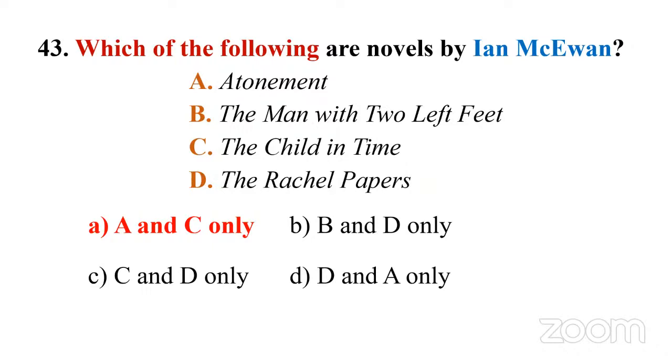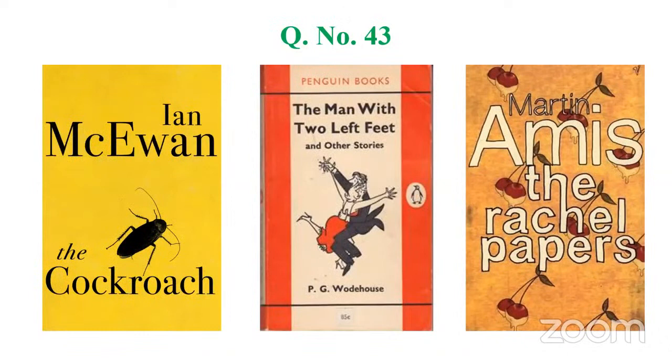So what you have to do next? At least read the crux of Atonement or The Child in Time, or get to know the other works of Ian McEwan, because he has written a lot of works. For instance, one of his famous works, Saturday, the novel is set in a single day, like James Joyce's Ulysses. There are also other works like The Cockroach, his most recent work.